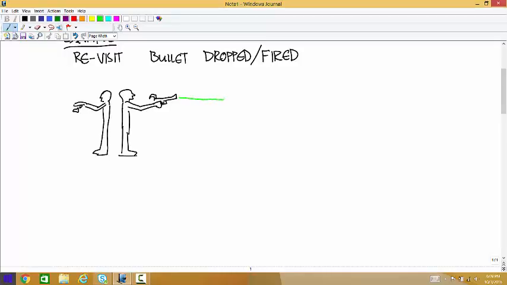So this time the gun shoots the bullet at an angle of 1 degree. And let's say that the height that they're dropped and shot from is 1.5 meters.